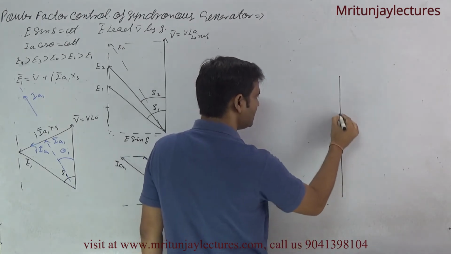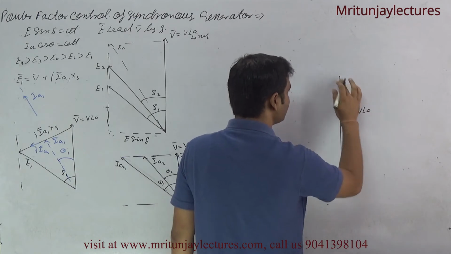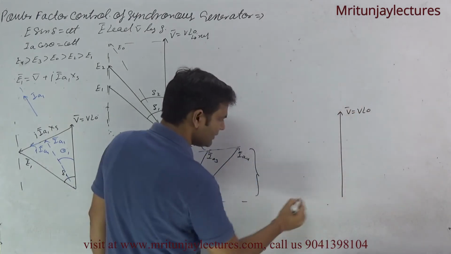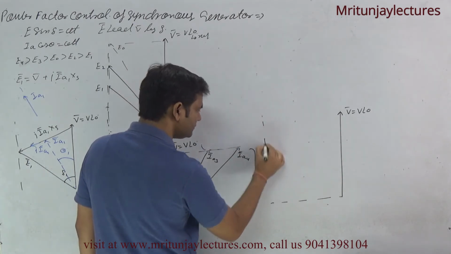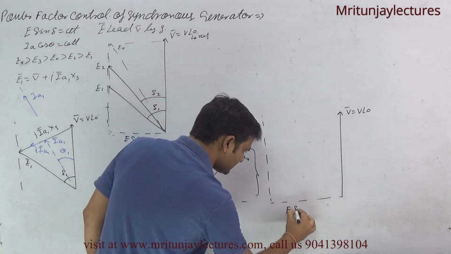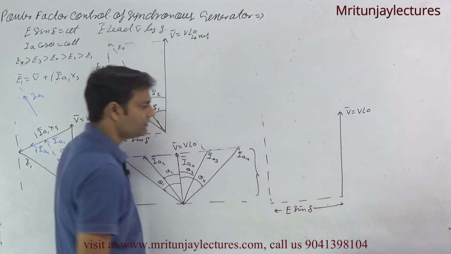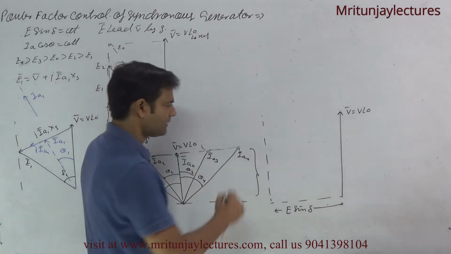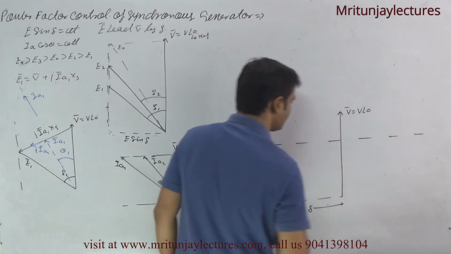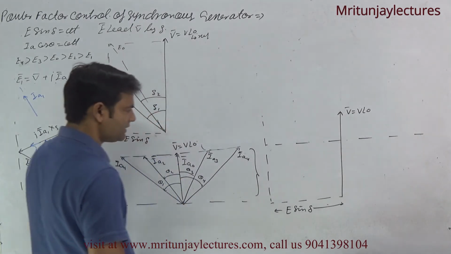Now V will be equal to V at angle 0. Now this one represents E sin delta. E always leads V by how much angle? Delta, that's why I represent it here. Okay, now we focus step by step.